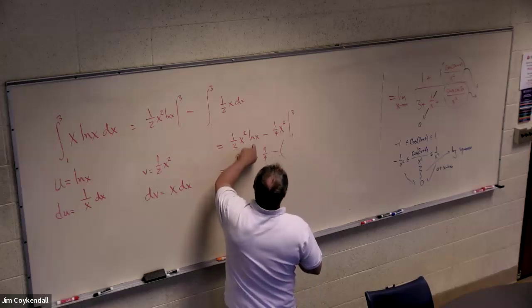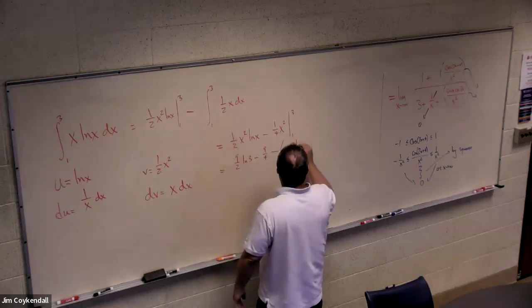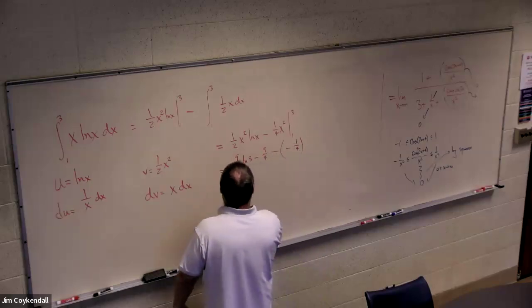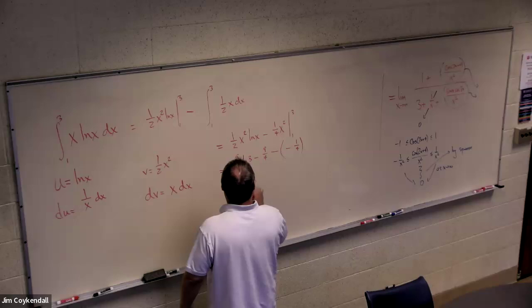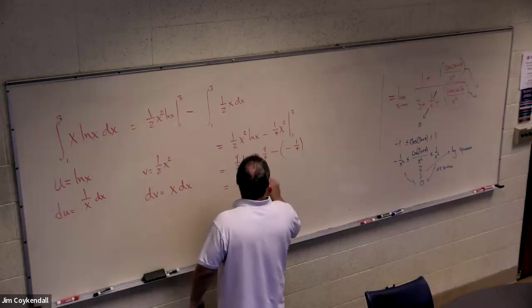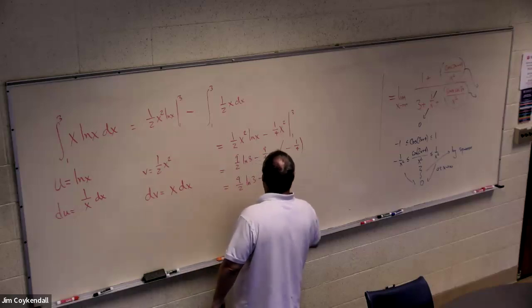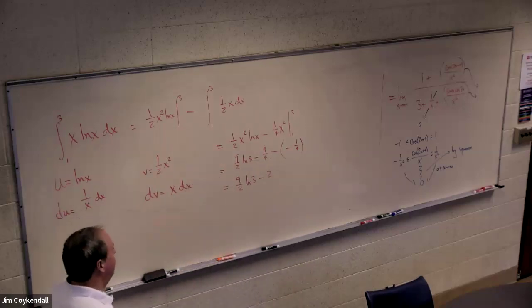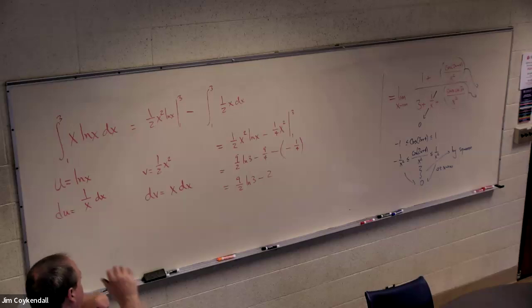When I plug in 1, the log goes away. And so I get 9 halves log 3 minus 9/4. Any questions?